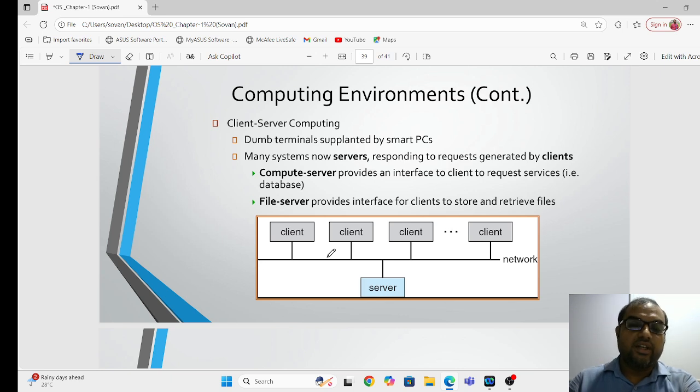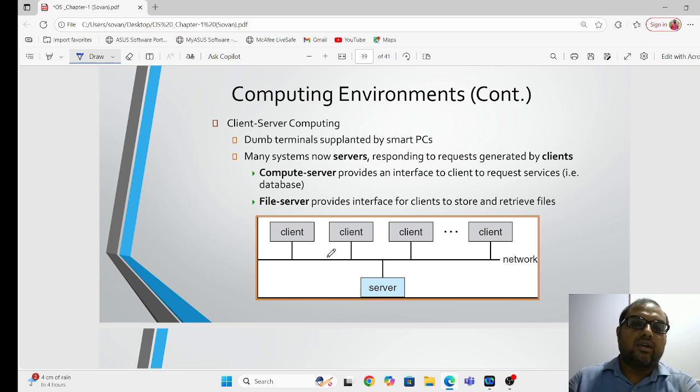If the server is free, then it can send the response. Then the communication will be established. Then the client sends some instructions to our server. Inside the server, that will be processed, and after the completion of the task, the server will send the response to our client. They can get it. So this is our client-server communication.